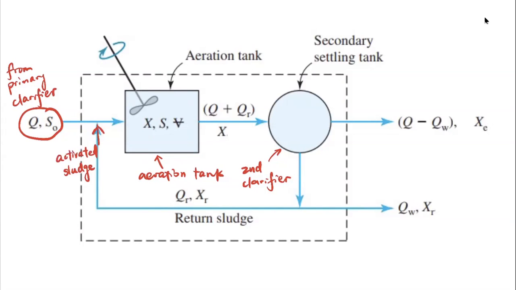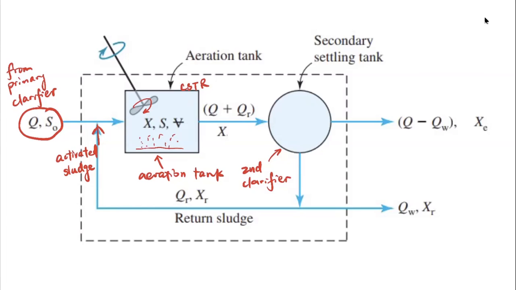So inside the aeration tank, we have the mixing and the aeration, generating bubbles, right? This is a continuous process. Within this tank, while you're stirring it, it's like a CSTR, the continuous stirred tank reactor, right?